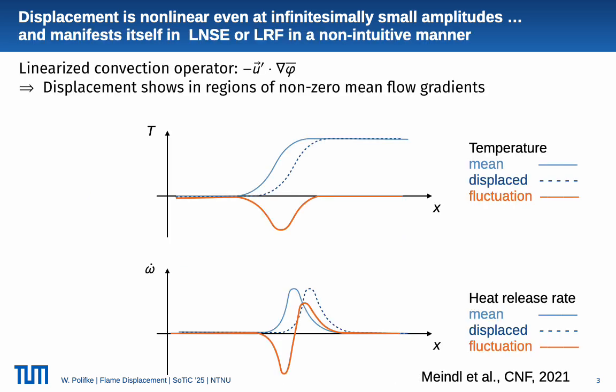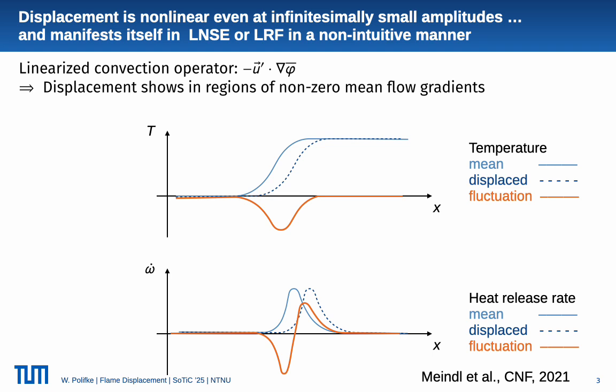Well, let's consider the linearized convection operator, which is a scalar product of the perturbing velocity field and the gradient of the mean quantity. So if you consider temperature, for example, across a 1D flame, we see an increase from cold temperature to hot temperature.